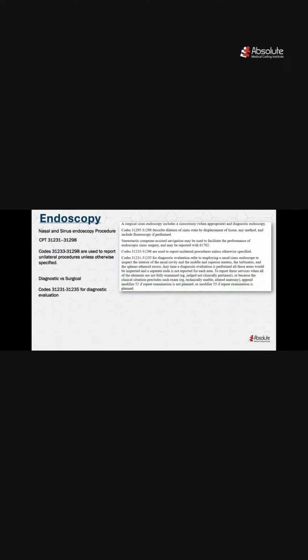Okay, let's move on, and now let's talk about the surgical nasal and sinus endoscopy. The code series is from 31237 through 31298. You can see all these codes fall under surgical nasal endoscopy. And here is the most important rule to remember: surgical sinus endoscopy already includes your diagnostic endoscopy as well.